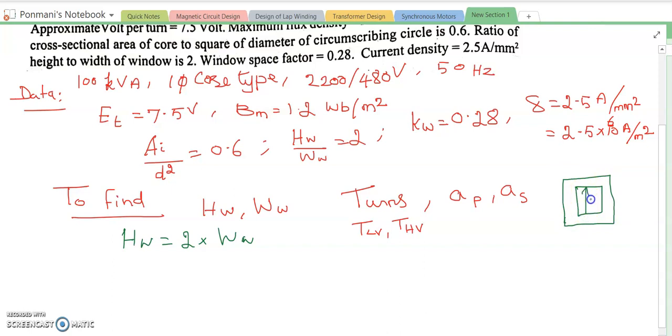This is height of the window and this is width of the window. These two we have to calculate. Actually this is area of the window. So from this you can write that area of the window is equal to height of the window multiplied with width of the window.